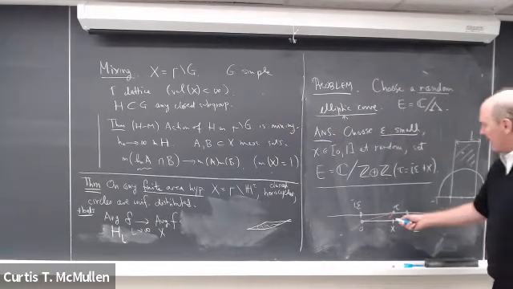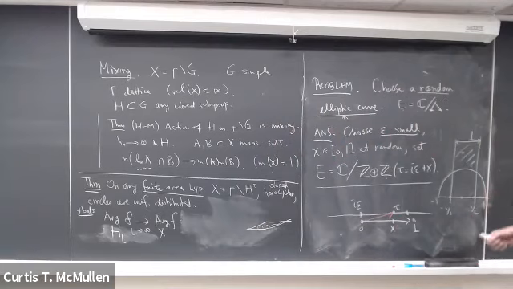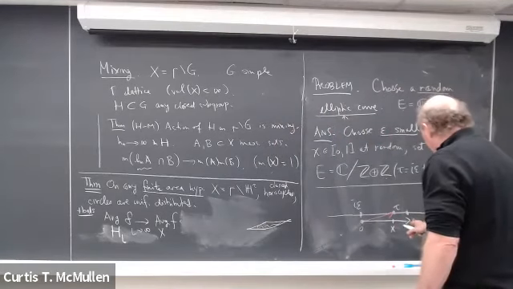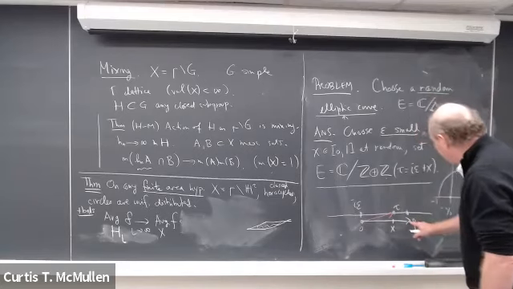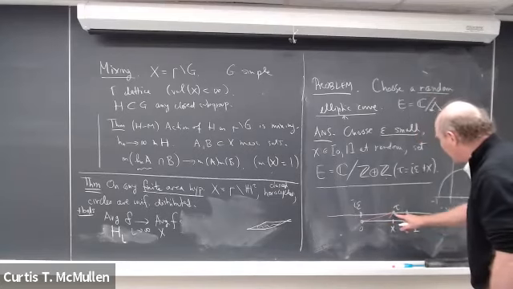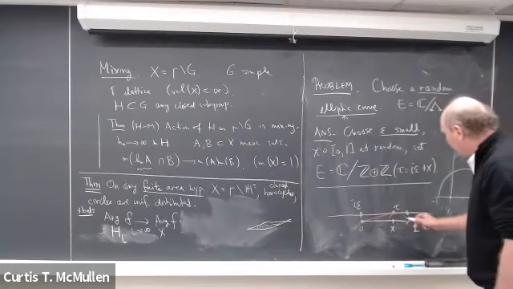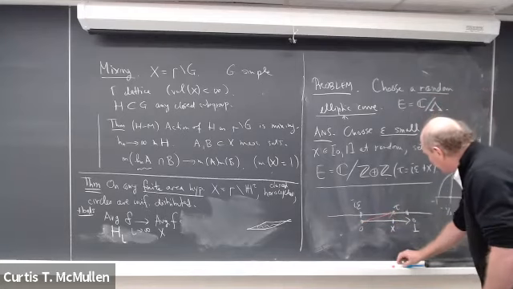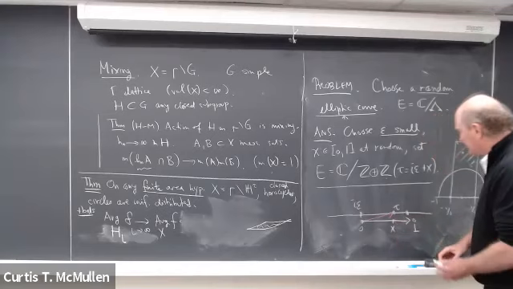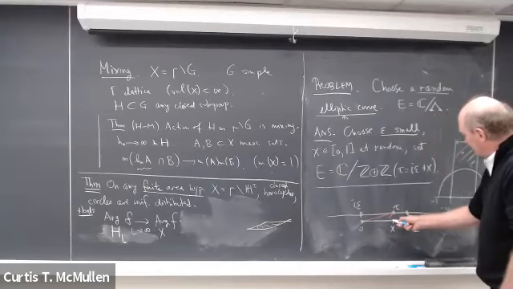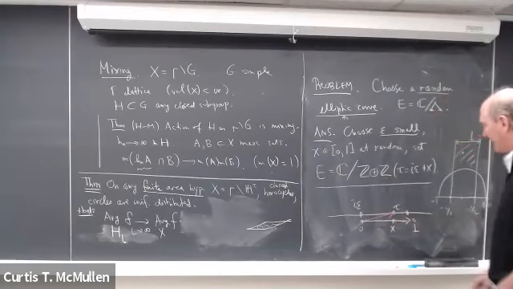But you see, these are not very good generators for the lattice, because usually you can shorten the vector 1 by subtracting off a multiple of the vector tau. That would, for example, in this case, replace it with a vector that looks like this, pointing in the opposite direction. And since x is between 0 and 1, this will be less than 1 in length.